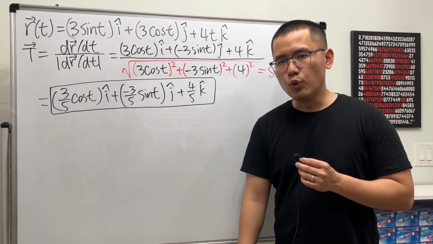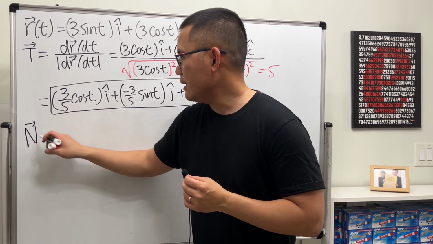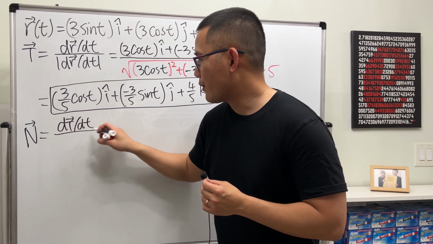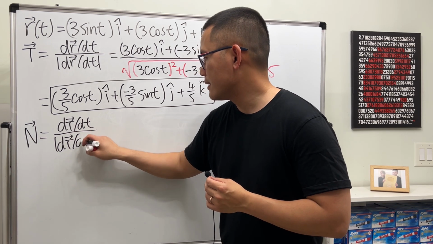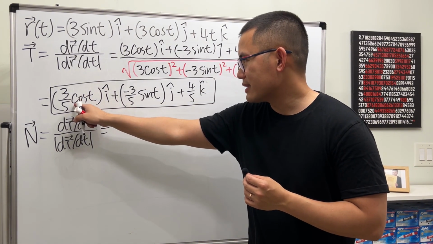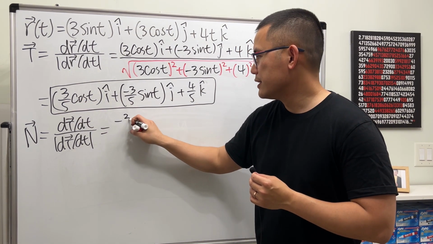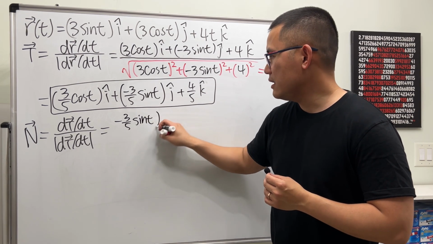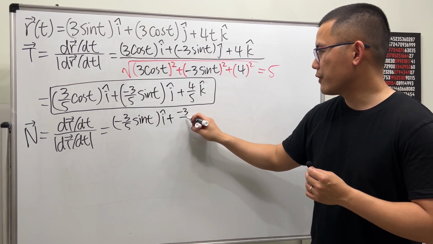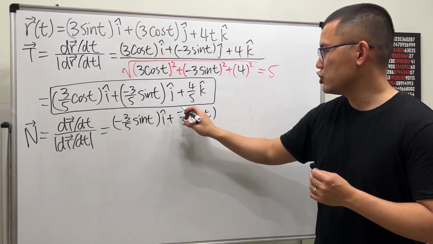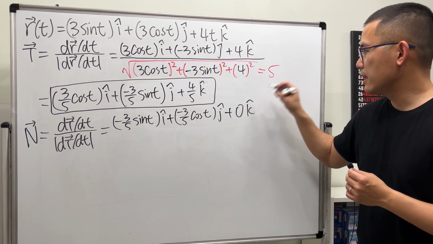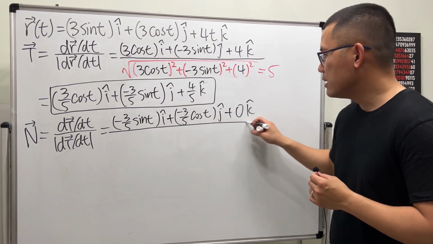Next, we are going to find the unit normal, so that's capital N, and that is going to be T' over its magnitude. So we look at this and take the derivative, and we get negative 3 over 5 sine t i, and then negative 3 over 5 cosine t j, and the derivative of this is 0, so I'll still put 0 k like this. Then divide it by its magnitude.